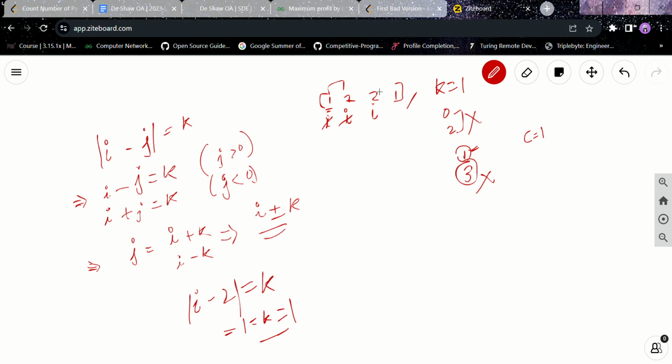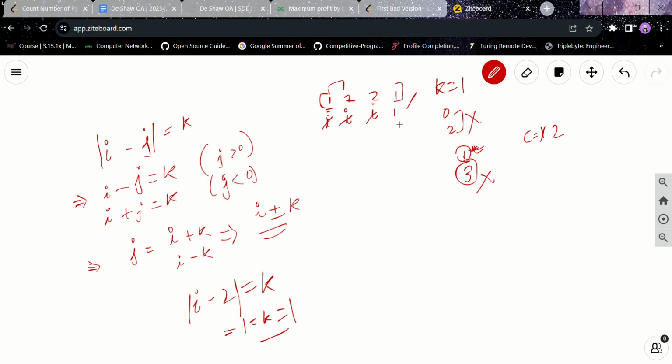Now we got 2, again we'll get this condition, and we have 1 again, so again we will increment. Why? Because 2 minus 1 will give 1, and 2 plus 1 will give 3. We don't even have 3 in our array, so we have only 1, and 1 is visited, so we'll increment our counter to 2.